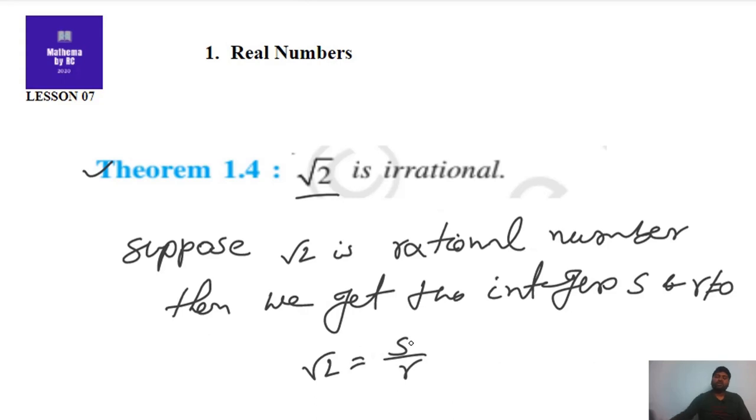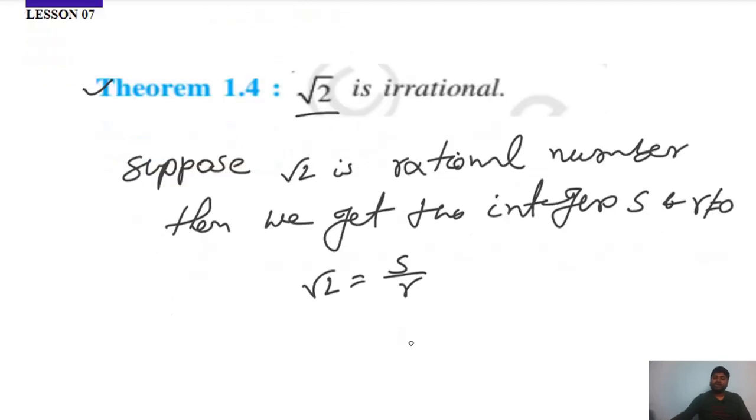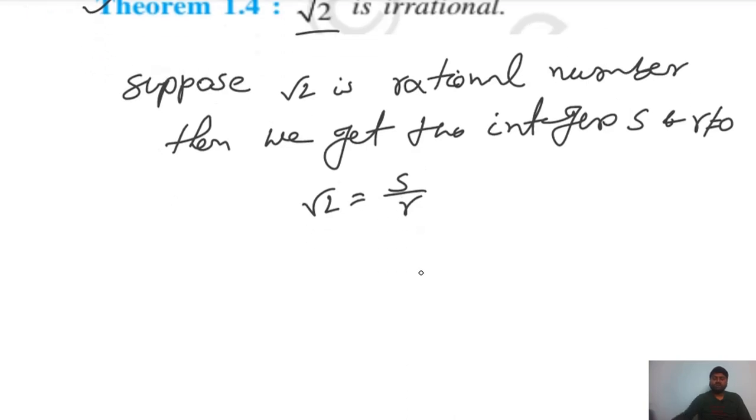We know that every rational number can be represented in fraction form, that means p by q or s by r. Here s and r are integers, and we write root 2 equal to s by r.